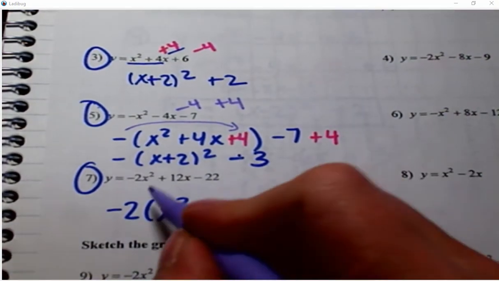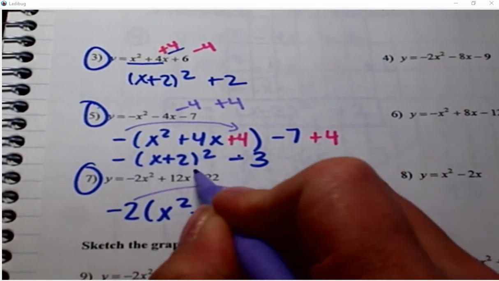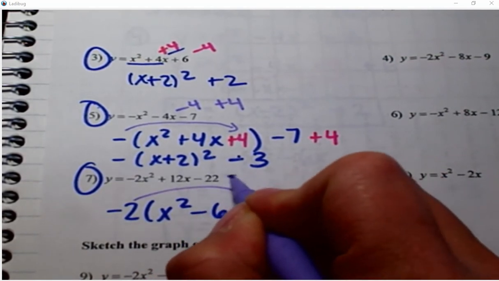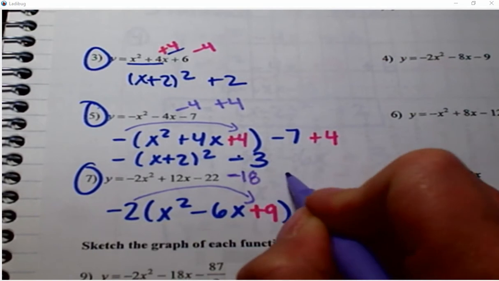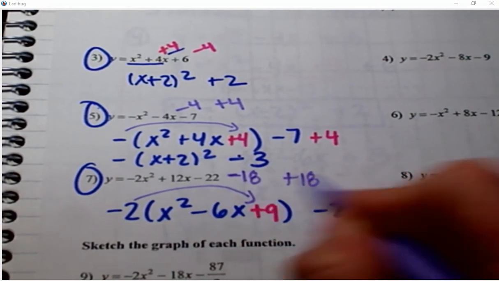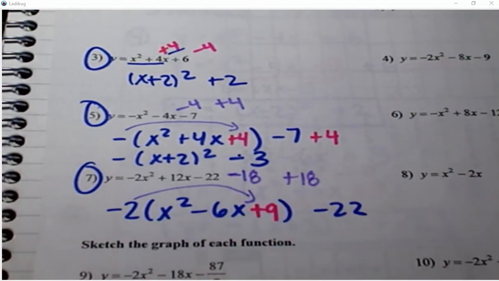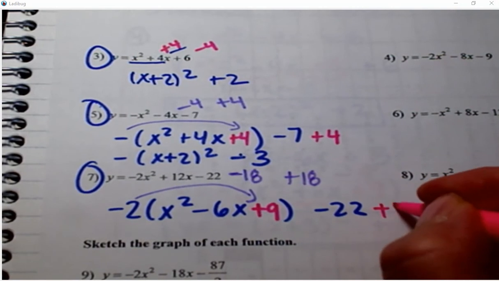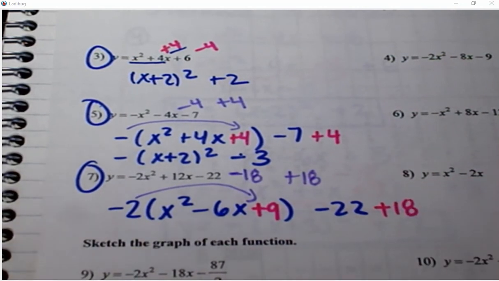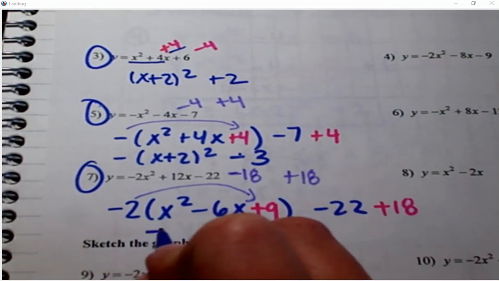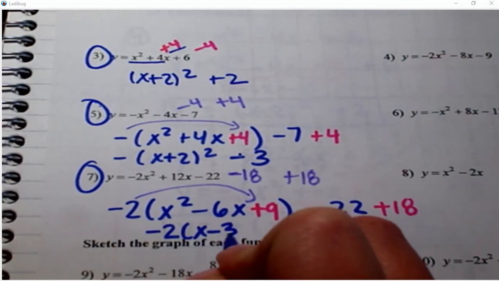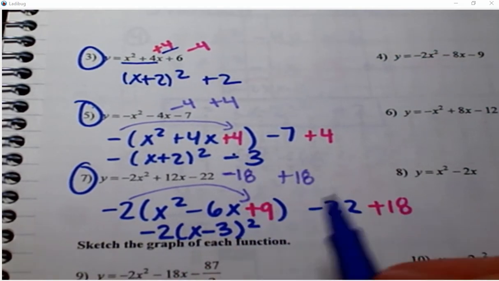But I'm really thinking here, this is really a minus 18, so I also have to add 18. They have to be opposites. So out here, it's got to be plus 18. All right, so then we factor it. Negative 2 times x minus 3 squared.